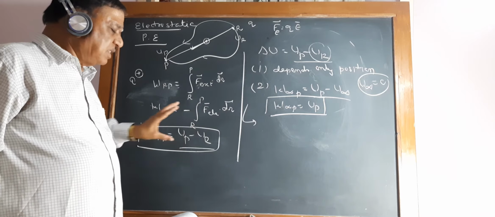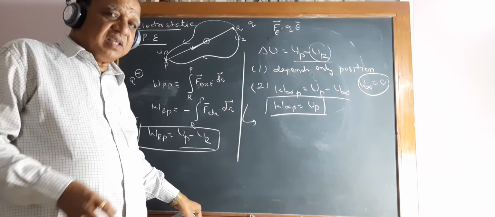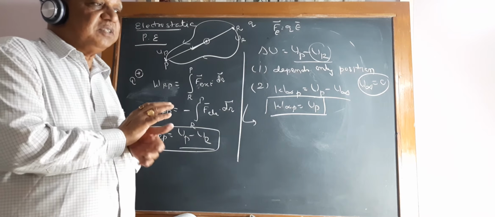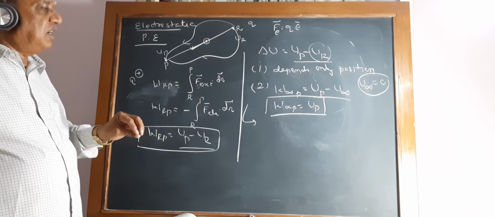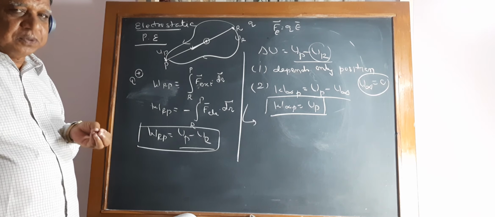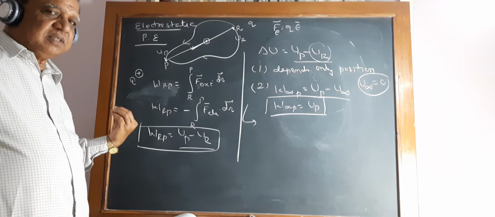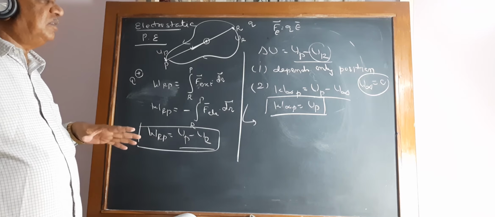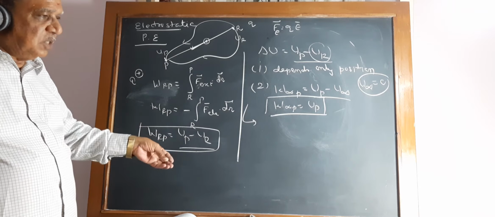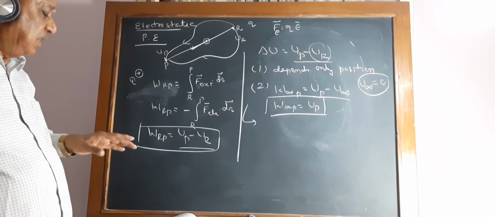Potential energy difference of test charge q can be defined as work required to be done in bringing a test charge q from one point to another point against electric field which is already stored in it as a potential energy.